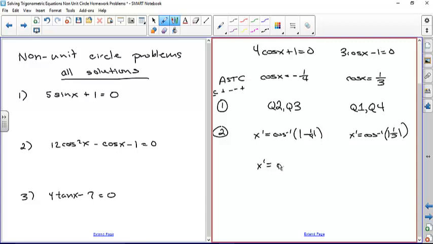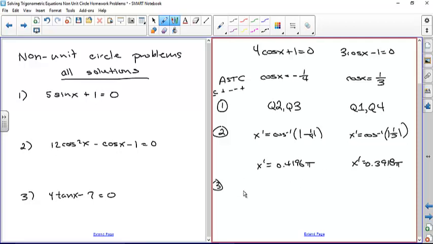So here I'll get 0.4196 pi. And if I take the inverse cosine of 1/3, I'll get 1.231, divided by pi, I get 0.3918 pi. So those are my reference angles.